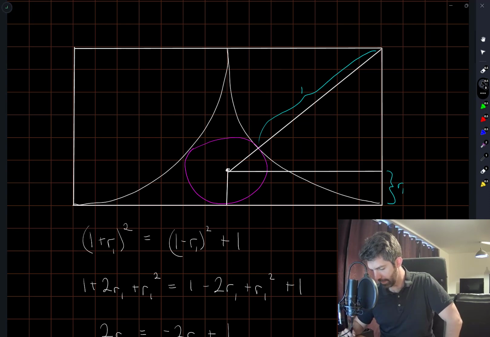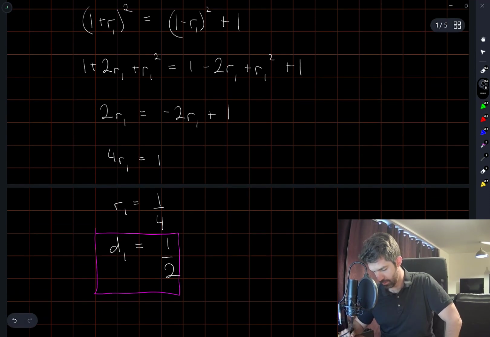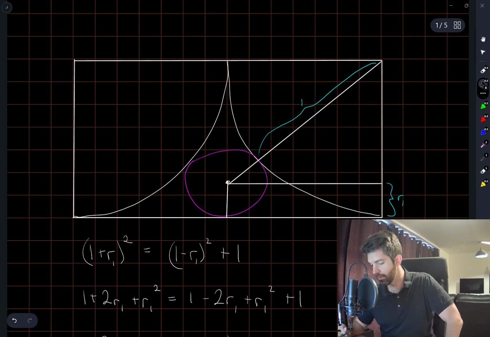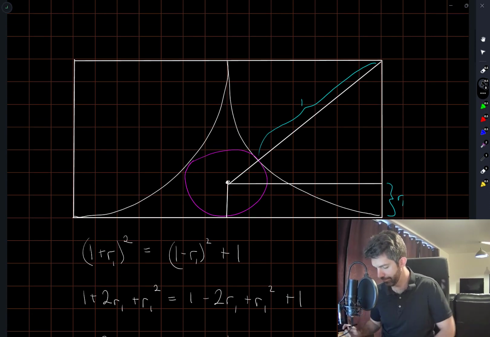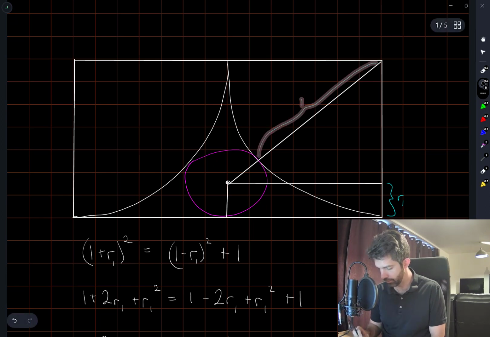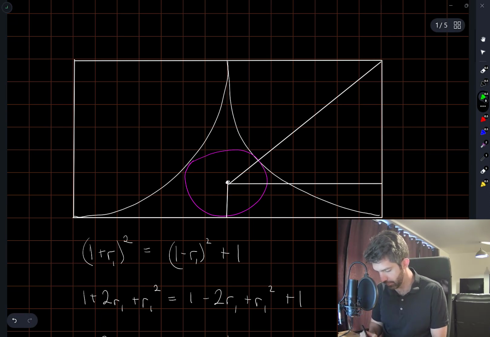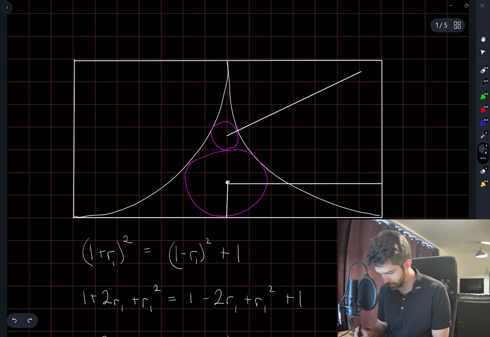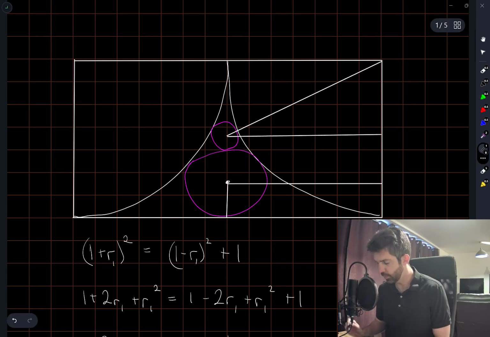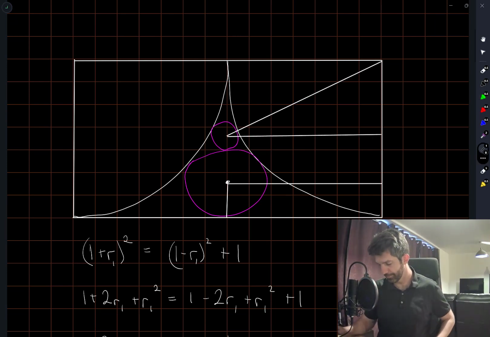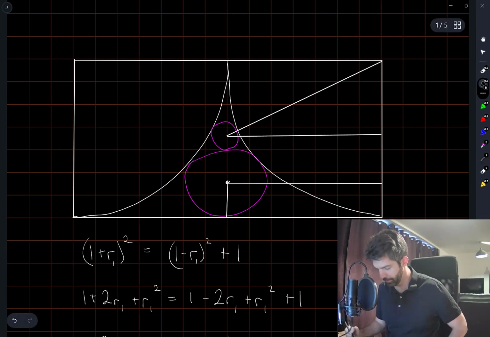Now let's think about how I might find the second diameter. I'm just going to reuse this diagram and erase some of the labeled distances here. Let me put in the second circle. I don't know for sure if this is going to work, but let's give it a shot.